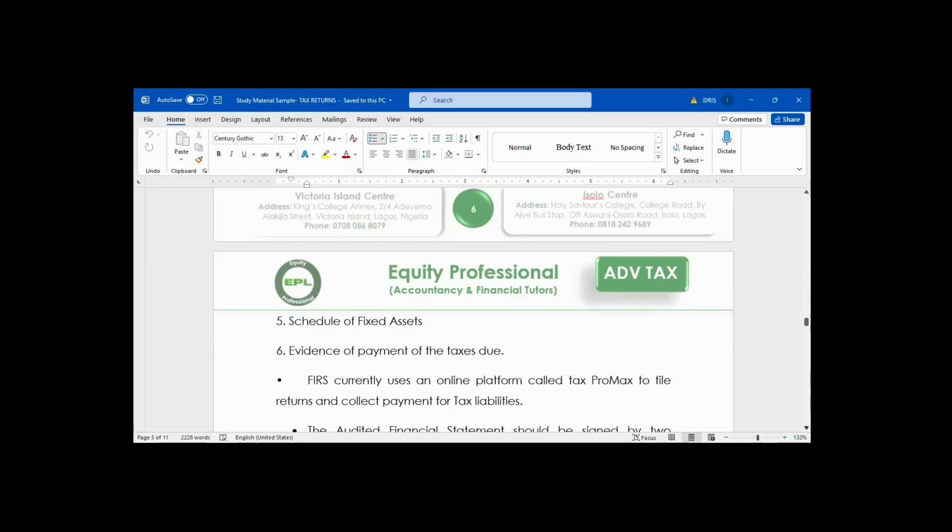And another one is evidence of payment of taxes due. That means evidence of payment of company income tax, evidence of payment of tertiary education tax, evidence of payment of police development levy.